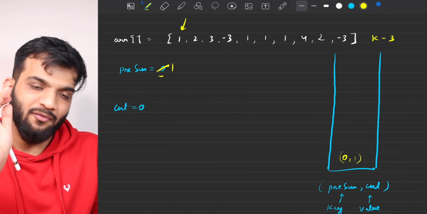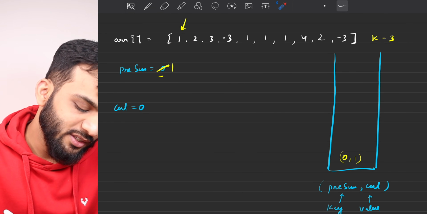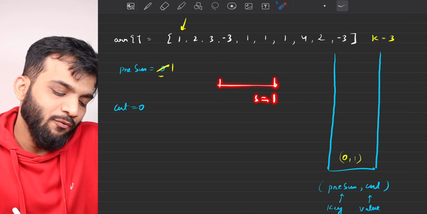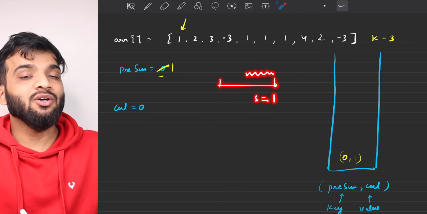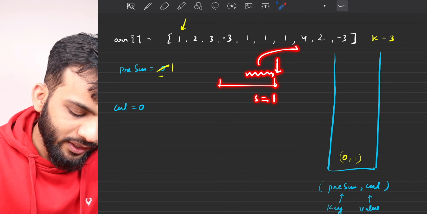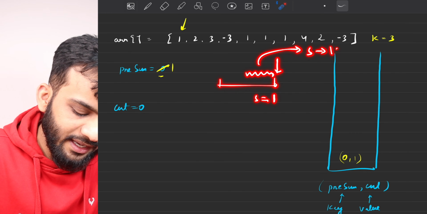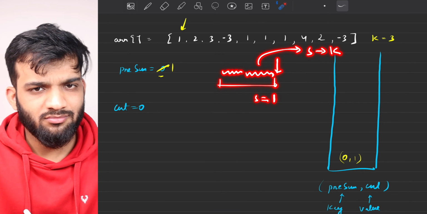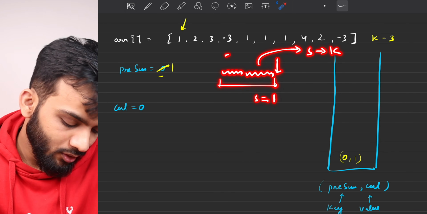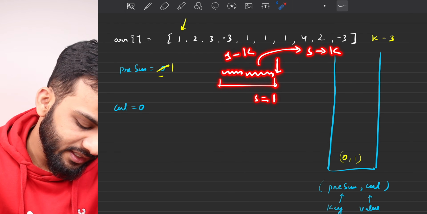So let's add it to the prefix sum as 1. So what are we saying? We have some elements that give us a prefix sum of 1. So in those elements, we will look for a subarray that ends at this index with a summation of k. So there must be some previous elements which can be excluded who have a sum of s minus k.